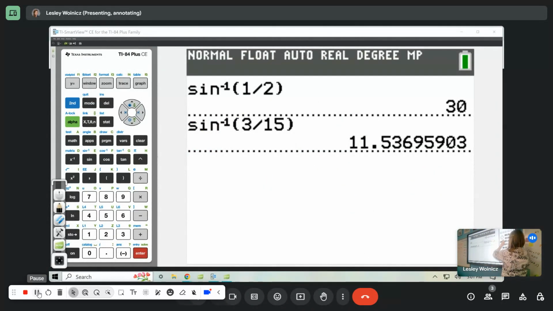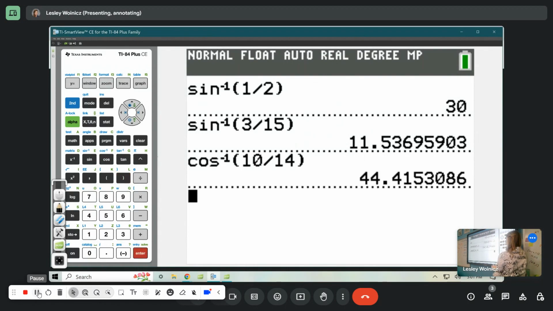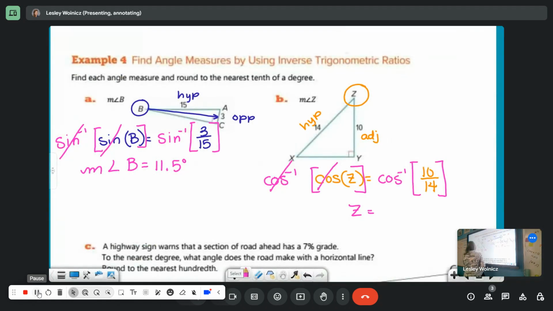What was it, 10/14? I'm getting 44.4. So the measure of angle Z is 44.4 degrees. Easy enough? Okay.